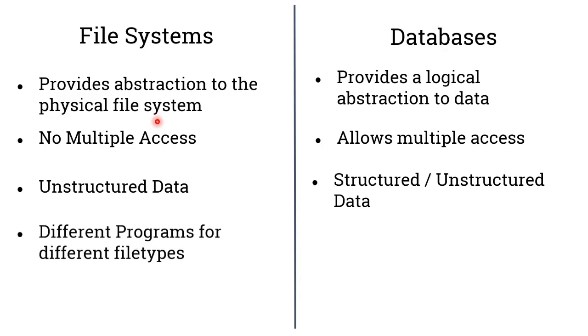So one problem with file systems is you need different programs to read and access different types of files. If there is a video file, you need something like a VLC player. If there is an image file, you need to open it using an image viewer, right? And so on. Whereas a database provides standard APIs to the data.